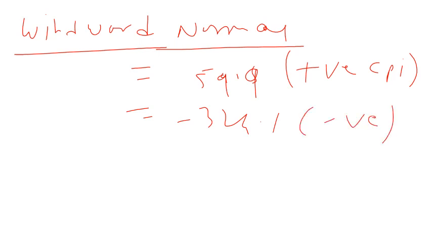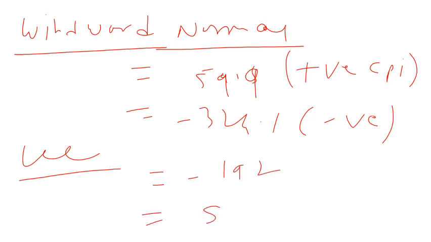Then I'm just listing out for leeward. The values are minus 192 and plus or minus 576, right?